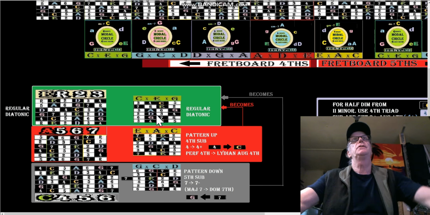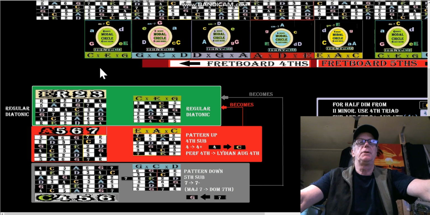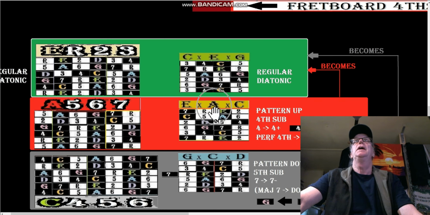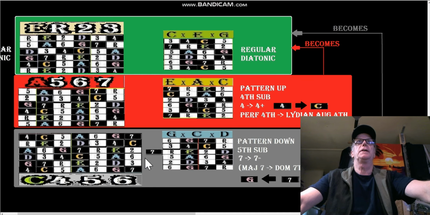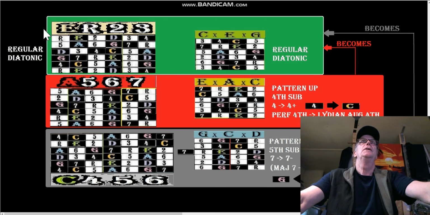They make things a little easier, because we're no longer saying, okay, we're going to substitute an E shape F for the fourth. We're going to use a system where we move the pattern up and move the pattern down. So let's just look at our regular diatonic. And remember, fully adjusting the fourth and the fifth, it comes back to the regular diatonic scale. So in regular diatonics, we got root, 2, 3, 4, 5, 6, 7, root, 2.